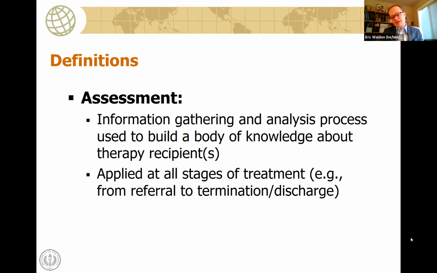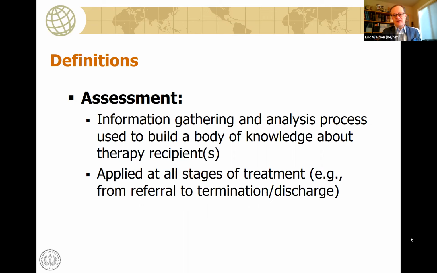The idea of assessment, clinical assessment, is also applied to all stages of treatment. So the moment you get a referral, the assessment process begins throughout the music therapy treatment process to the point of termination or discharge from music therapy services. So assessment itself is a broad global term, and it's applied to all aspects of the music therapy treatment process.